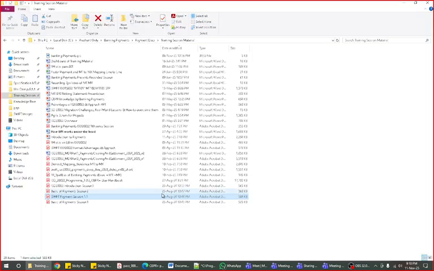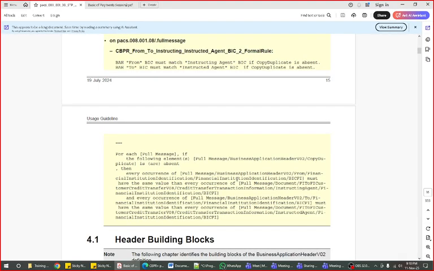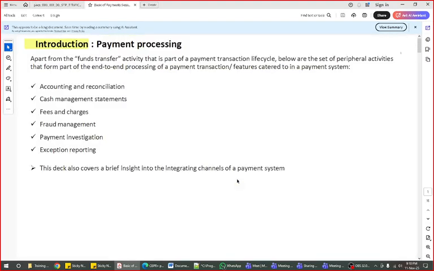So from today we are going to discuss another basic concept of payment processing, the different concepts of payment processing. Whenever a payment is processed, what things come into the picture, especially when we are sending a payment?